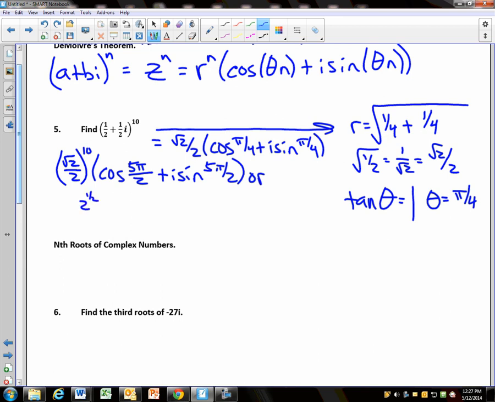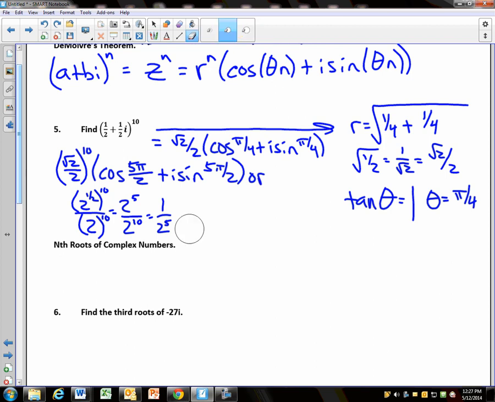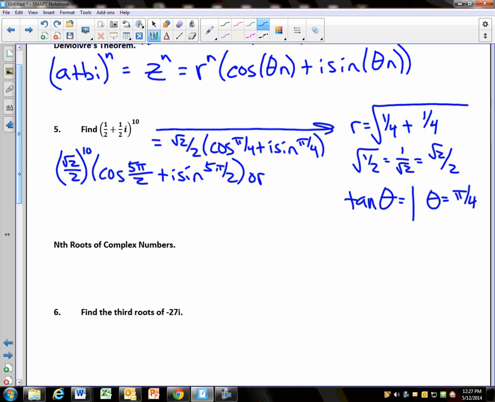This is 2 to the 1/2 to the 10th, and at the bottom I have 2 to the 10th. So this becomes 2 to the 5th over 2 to the 10th, which is 1 over 2 to the 5th. 2 to the 5th is 32. So the back of your book would probably write this as 1 over 32.